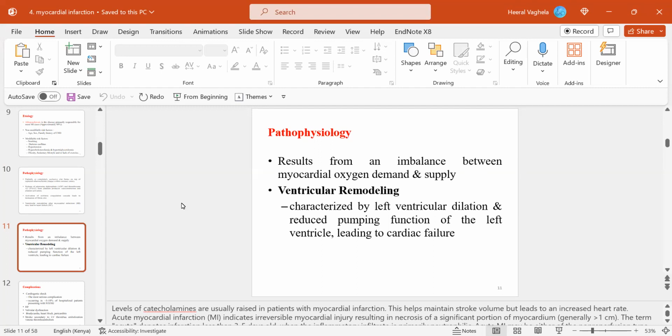So when there's ventricular remodeling, there'll be less pumping, especially for the left ventricle, which pumps blood to the aorta and then to the rest of the body. That pumping action will be reduced, so that also affects other organs.